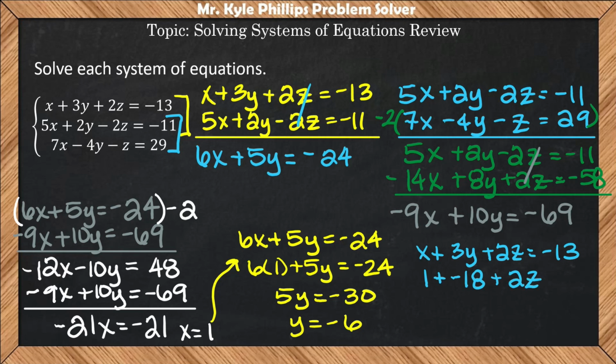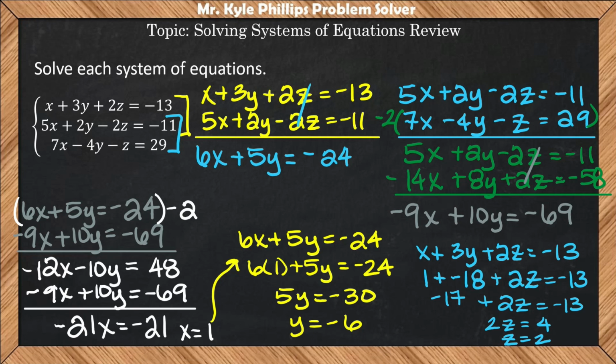Plus 2z is going to give us negative 13. So 1 minus 18 is negative 17. So here I have negative 17 plus 2z equals negative 13. When I add the 17, I'm going to get 2z equals 4. So the value of z here is going to be positive 2.